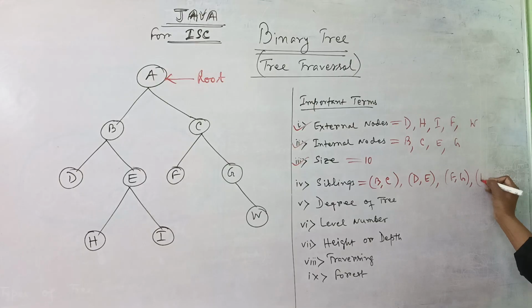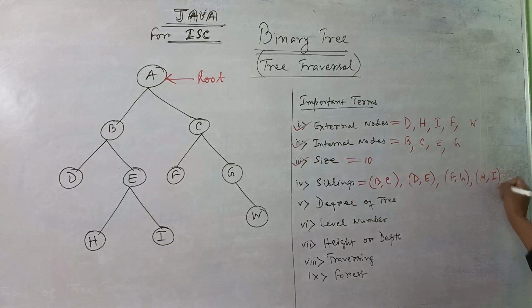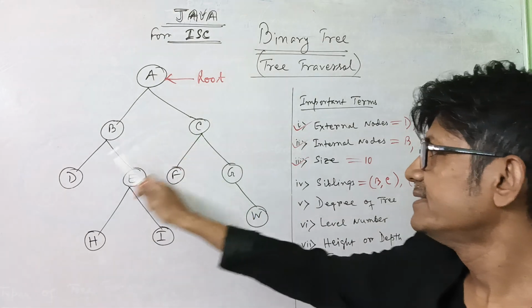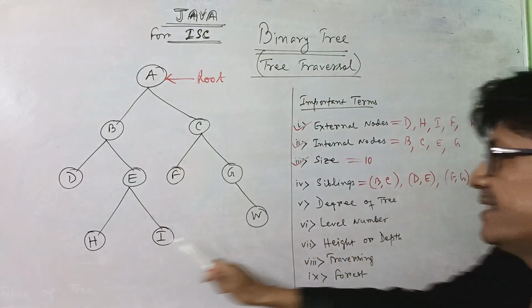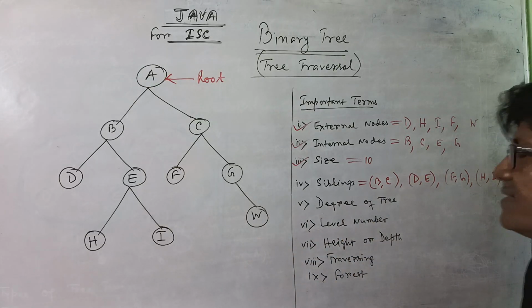HI. So how many siblings did we get? BC, DE, FG I have written, and HI. These are called siblings.